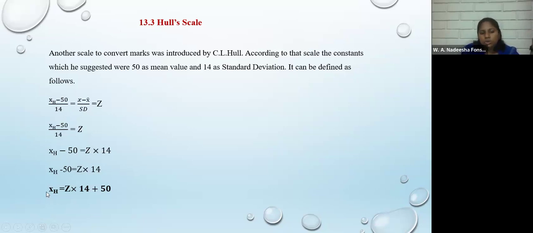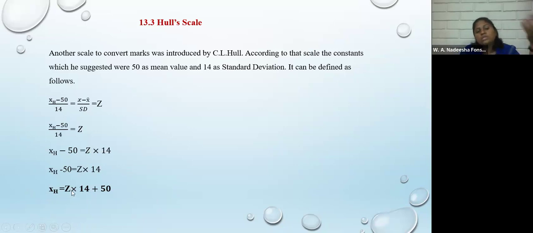Then you can obtain XH equals Z into 14 plus 50. That is Hull's scale. The only difference is 14. In McCall scale, that is Z by 10. Here Z by 14. So the same thing can be calculated here.